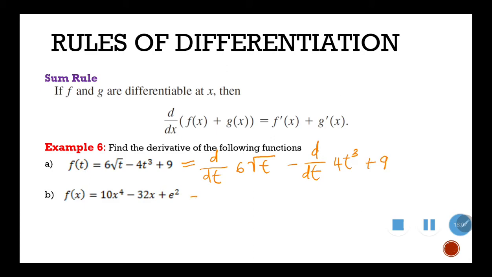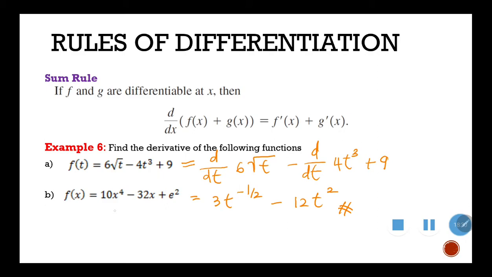Then we differentiate it one by one. So for 6 root t, you will get 3t to the power of minus half, and d/dt of 4t cube, you will get 12t square. 9? No, because there is no t here. Okay, so this is the final answer.